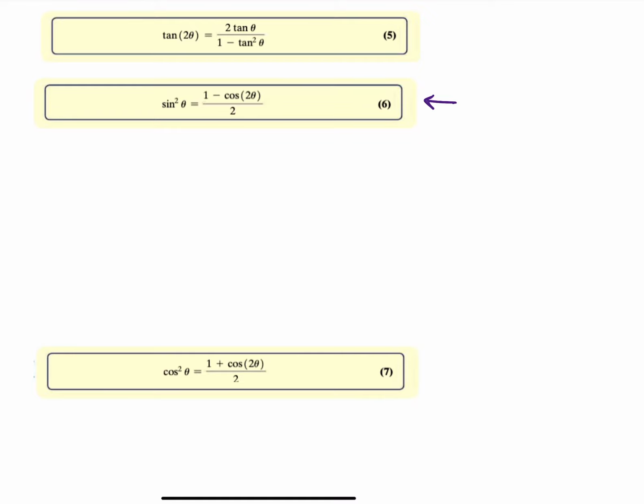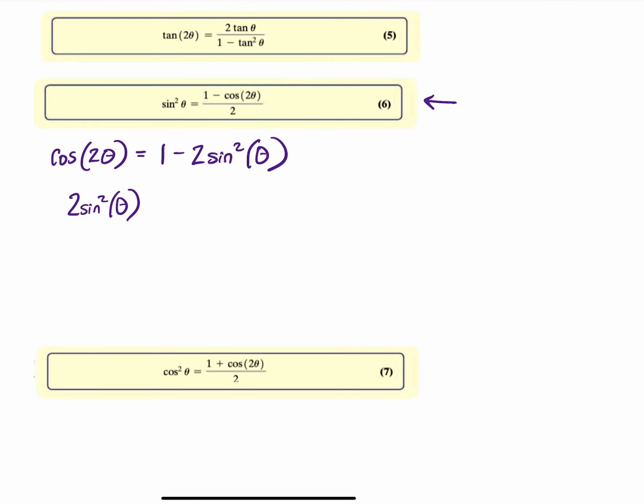Let's start with the cosine of 2 theta. And we'll use the definition in terms of sine squared. We said earlier this was 1 minus 2 sine squared of theta. So let's solve this for the sine squared. So I can add the 2 sine squared over to the other side, and let's go ahead and already subtract the cosine of 2 theta over to the right side.